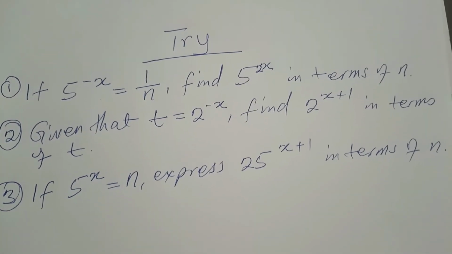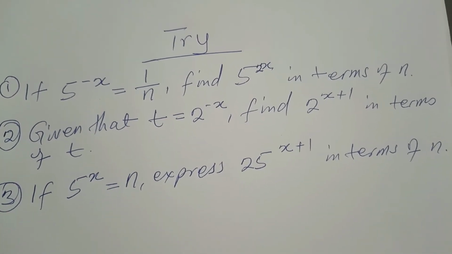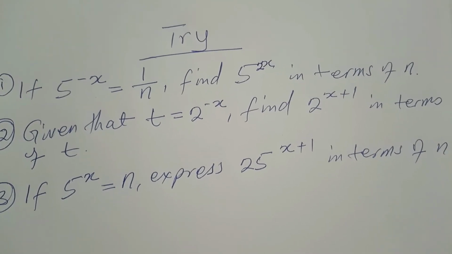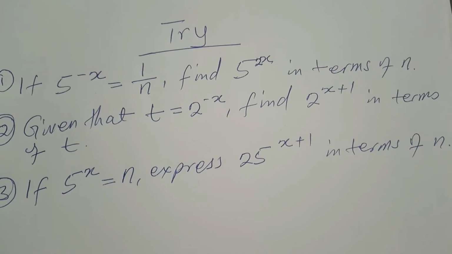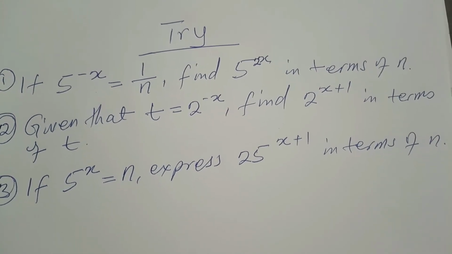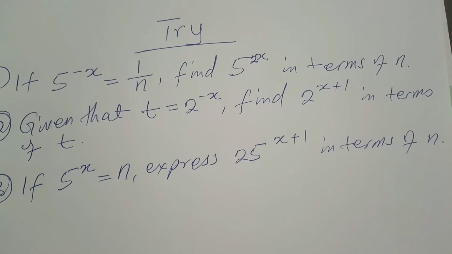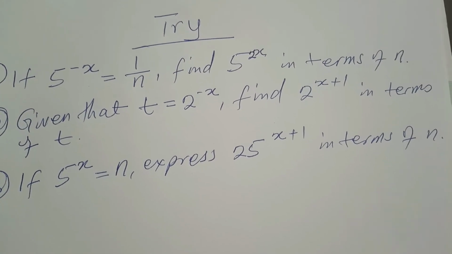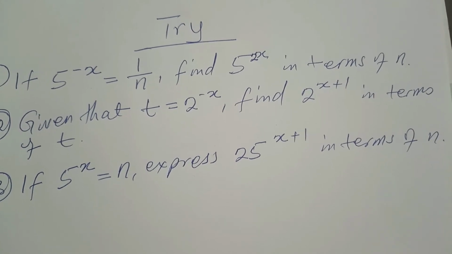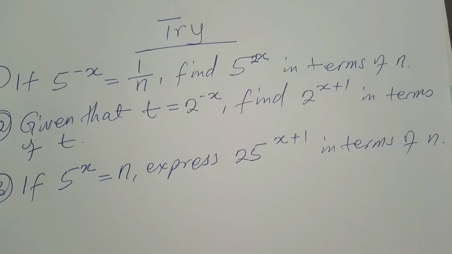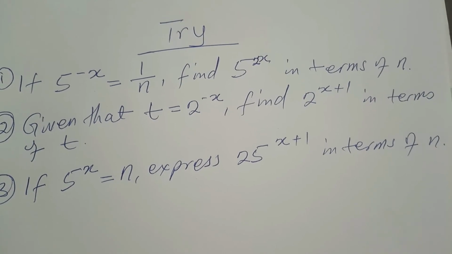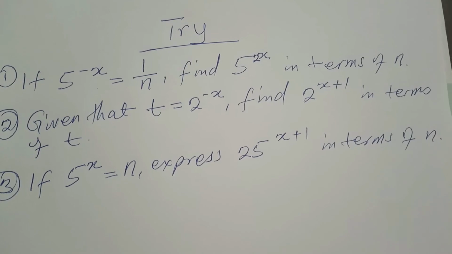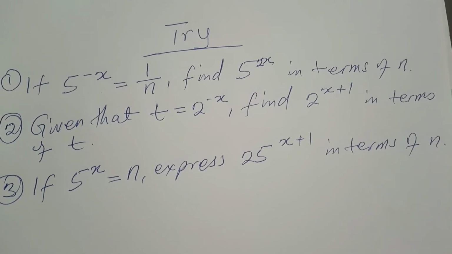Question 2 is, given that t equals 2 exponent negative x, find 2 exponent x plus 1 in terms of t. Then the last one, 5 exponent x equals n, express 25 exponent x plus 1 in terms of n. And like I said, share your answers with me in the comment box. If you have any challenge, no problem, get back to me, and I'm sure I will be of help.